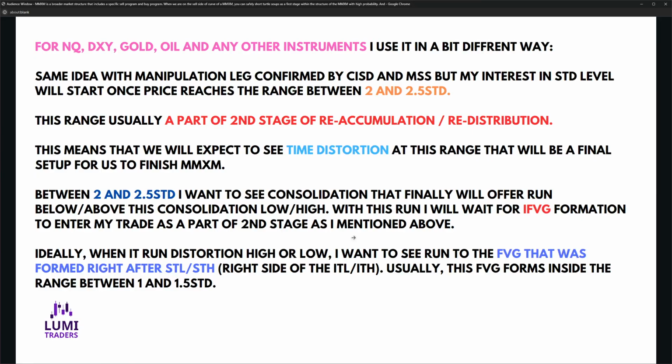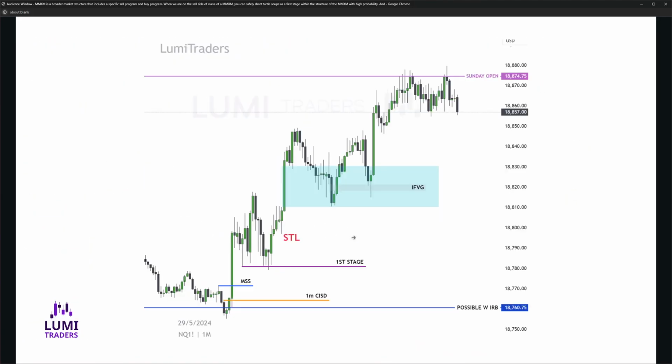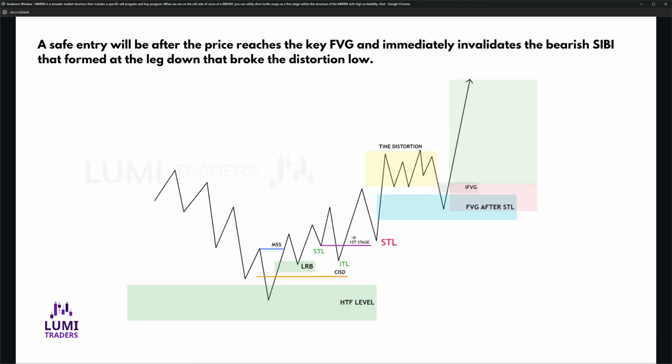Between 2 and 2.5 standard deviation, I want to see consolidation that finally will offer a run below or above the consolidation low and high that was explained before. With this run, I will wait for the formation of an inversion fair value gap to enter my trade as part of the second stage of reaccumulation. I mentioned that before, right here on this picture.